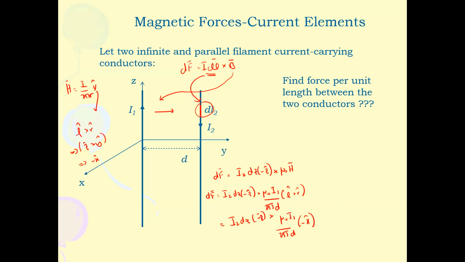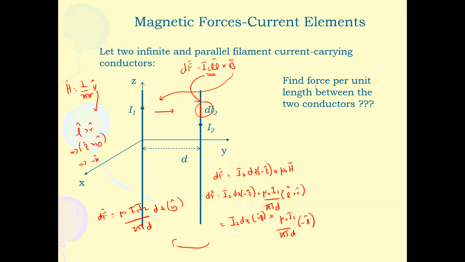So from here, dF will be written as mu naught I1 I2 divided by 2 pi d, and then we have dz. Negative z cross negative x will give us positive y. That should be the result for dF.